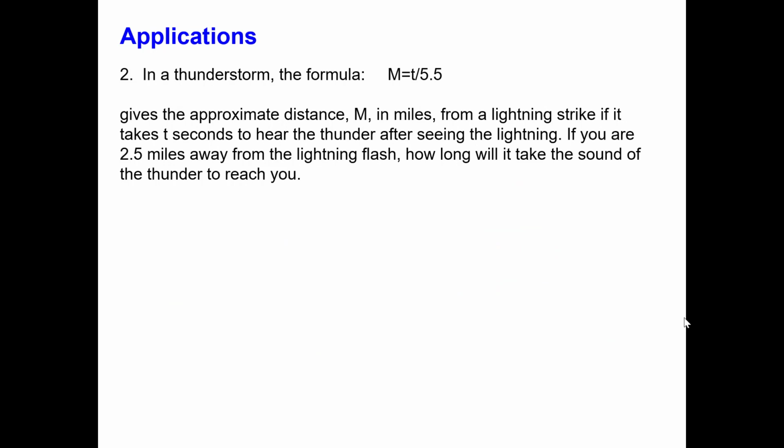In this problem we have a formula which we need to use to solve the problem. Let's read the problem first, and then we will use the formula to find the answer.